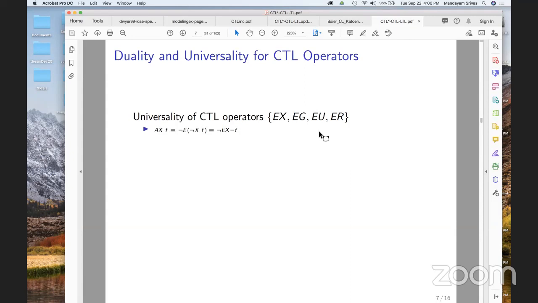So using these duality laws that you actually saw, and here I'm customizing to the CTL operators.